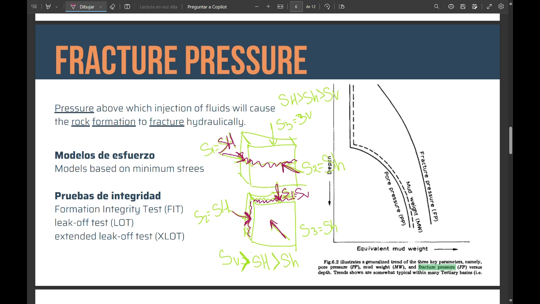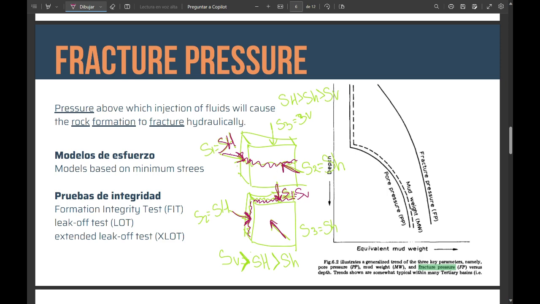So the pressure may increase to the maximum pressure that the wellbore or formation can withstand without failure. Okay, so this formation integrity test is very important to help identify potential issues early in the drilling and completion process, allowing for corrective actions to be taken before production begins.